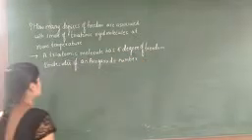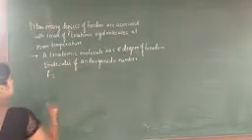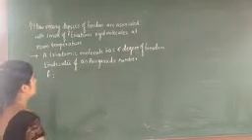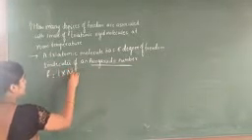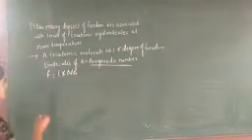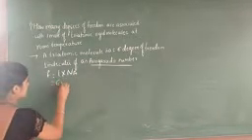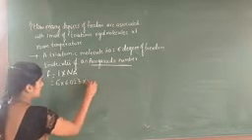Here we are considering the formula F is equal to the Avogadro number N_A into 6 degrees of freedom. In this condition we are writing 6 into 6.023 into 10 raised to 23.